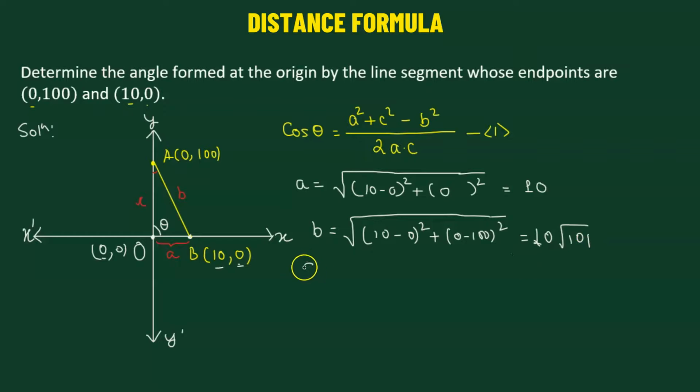And then coming to the length of c, we can use the distance formula, or we don't have to, because it's going to be simply the length 100. The 100 is going to be the length c.